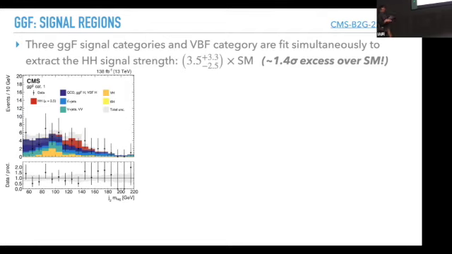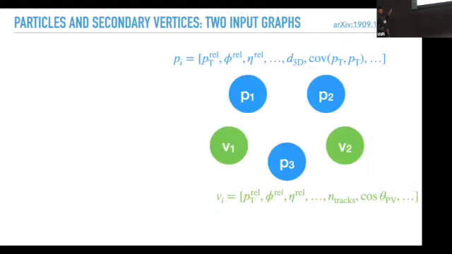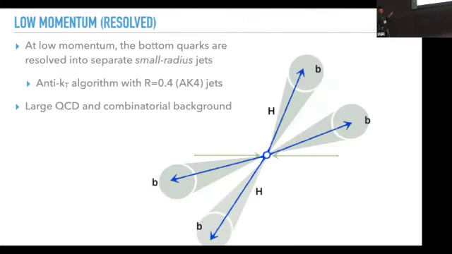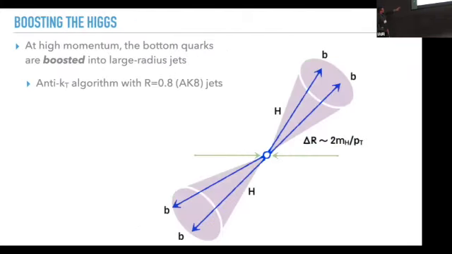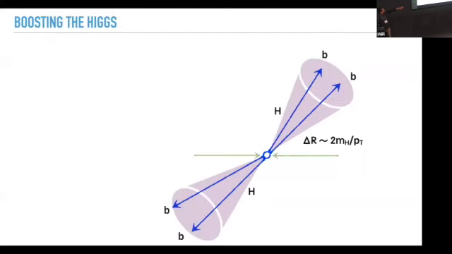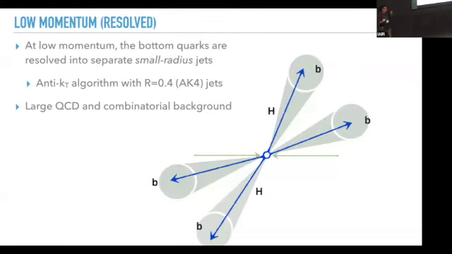The reason why I really got into this is because of this problem. Some events can be reconstructed as boosted and resolved, and we always have this challenge of combining all these analyses after.